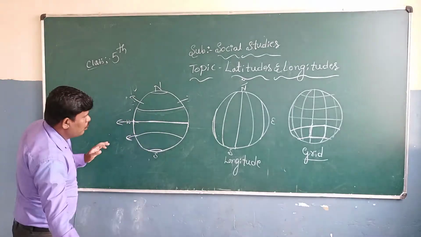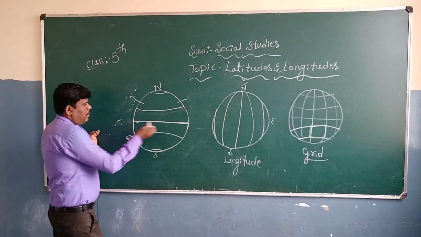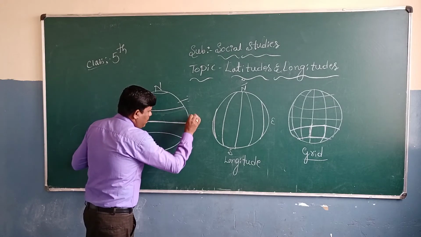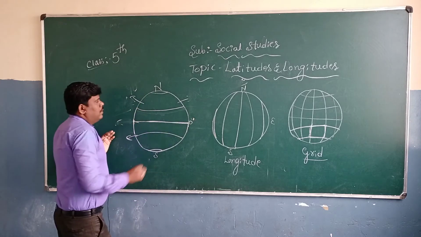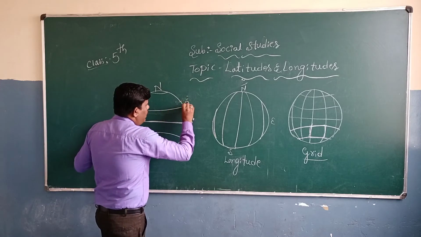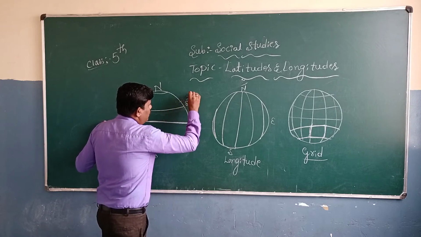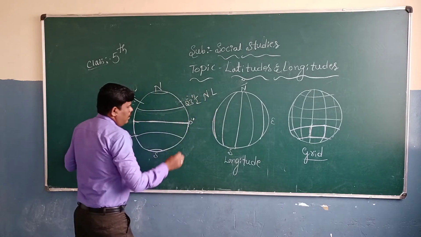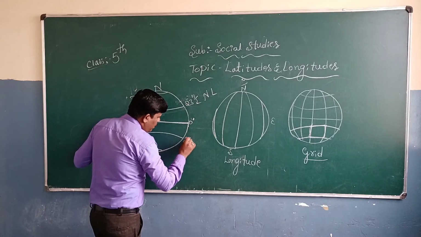See, this is the equator, 0 degrees is the measurement. Then 23.5 degrees north latitude, and 23.5 degrees south latitude.